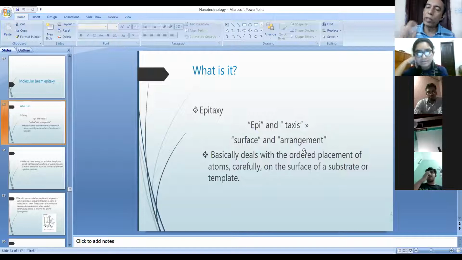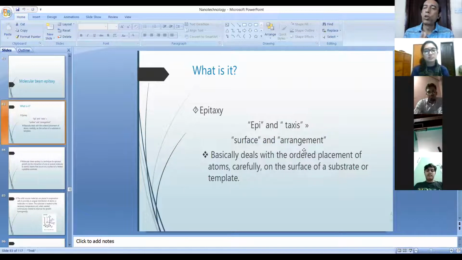So your substrate should be crystalline, and the growth of the thin film is also crystalline. That is known as epitaxy, and it is done by a molecular beam or atomic beam. A molecular beam means a beam of molecules or a beam of atoms. So it is known as molecular beam epitaxy.